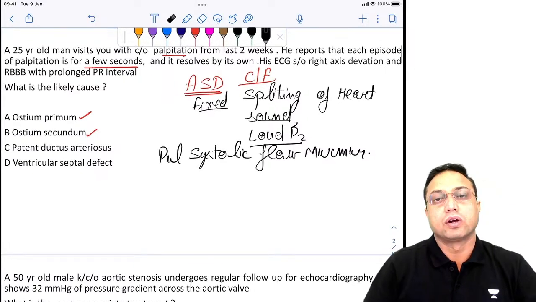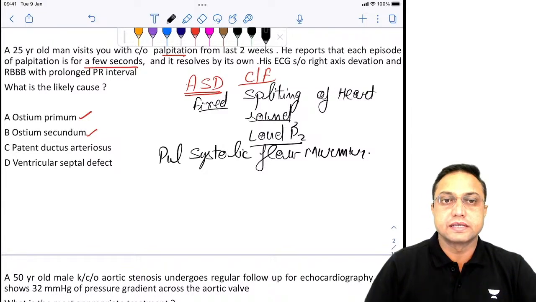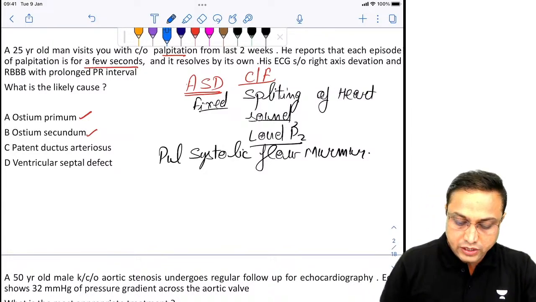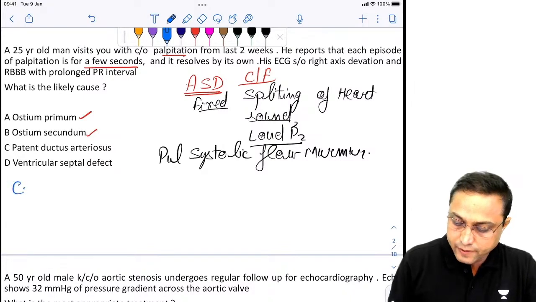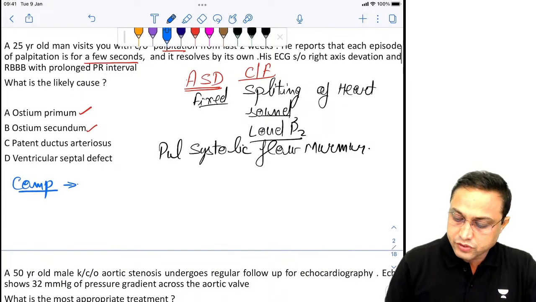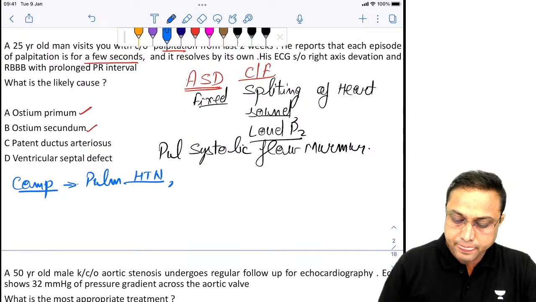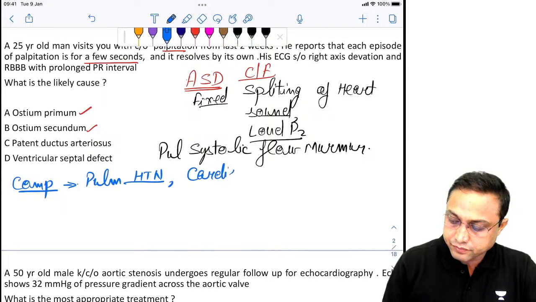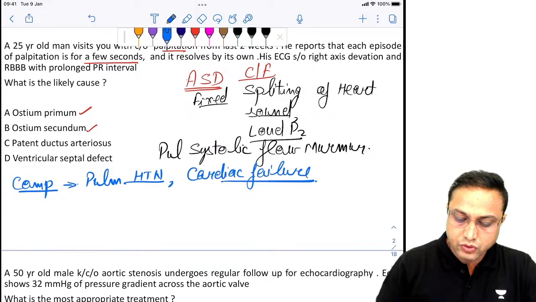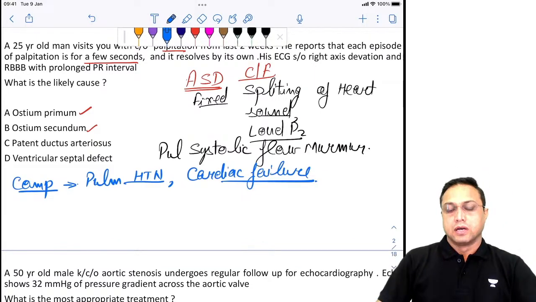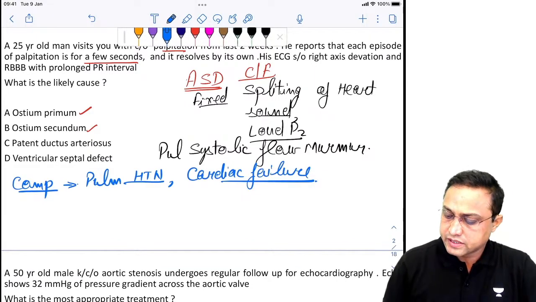And what are the complications of this ASD, guys? The complications include first of all pulmonary hypertension, and the patient can land up in cardiac failure. These are the two complications, and sometimes you can see infective endocarditis also.